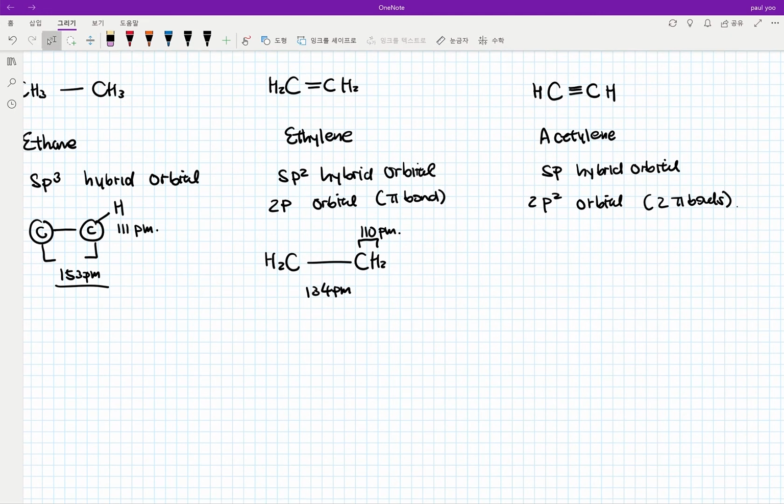So we can see two unshared electron pairs here, and the distance between two carbons is 120 picometers, where the distance between carbon and hydrogen is 106 picometers. And I'm labeling also the blue bonds, which shall represent the pi bonds, and the black ones are the sigma bonds.